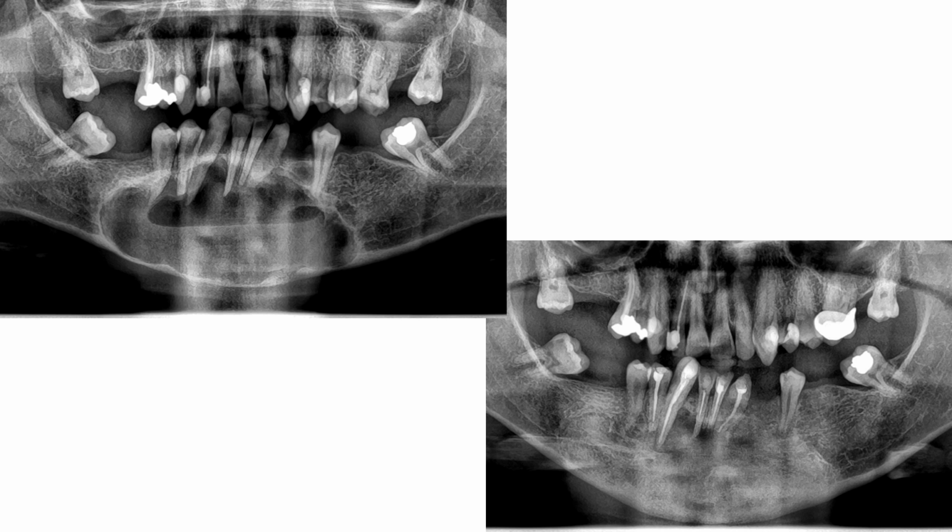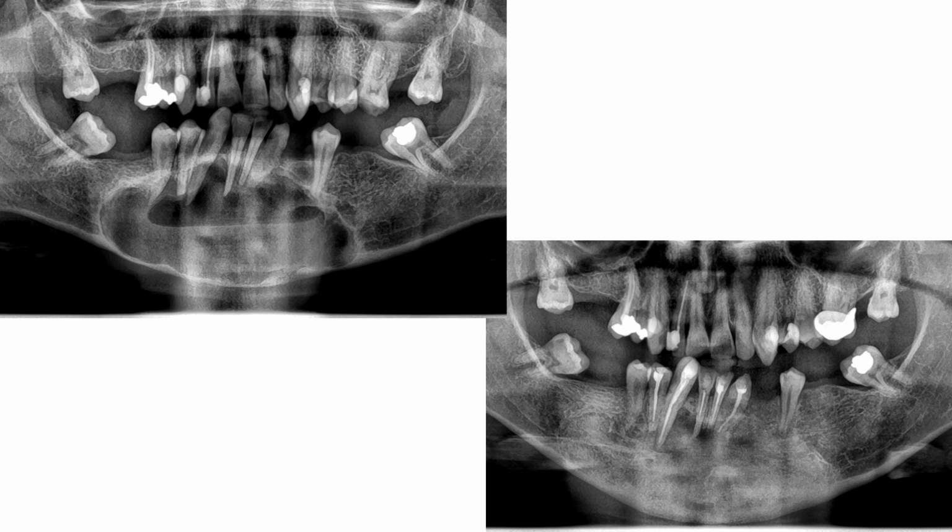I did the endo treatment to them using the apex locator because, in such cases, this lesion causes a lot of apical resorption, so you wouldn't see the apical foramen or the cementodentinal junction in the normal position.